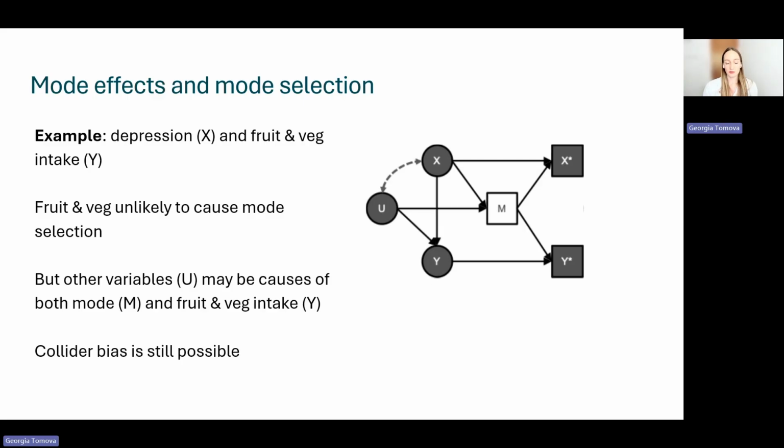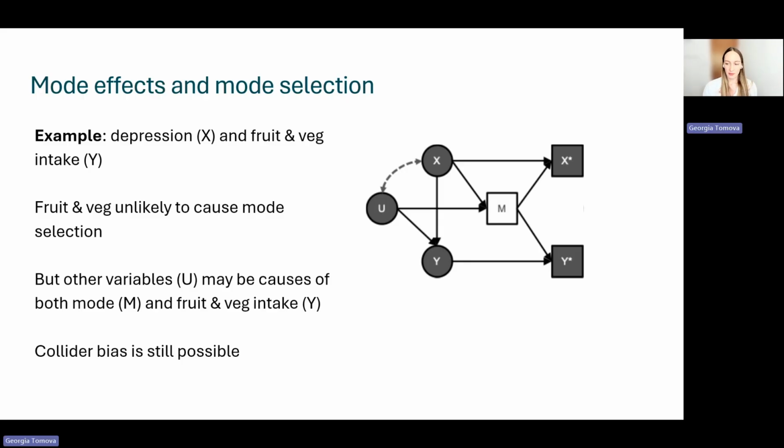And if we were to control for mode here, we would still introduce a spurious association between X and Y via the unobserved U. Now, if U is a variable that we can observe and that we have measured well, we can reduce or correct for the collider bias that is introduced. But the point is that there will likely exist a lot of different U's that we might not have measured or that might be completely unknown.